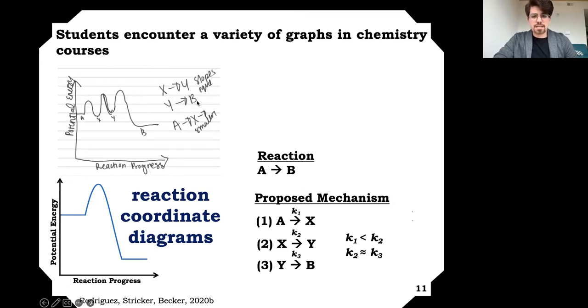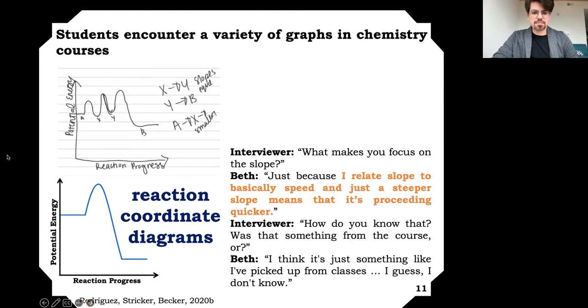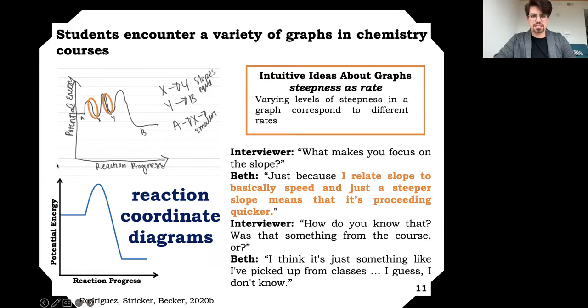And for A to X, which is the first step, she says the slope there is smaller, which is how Beth is thinking about k1 being less than k2. So similar to what we saw with the other students, the student is focusing on slope.